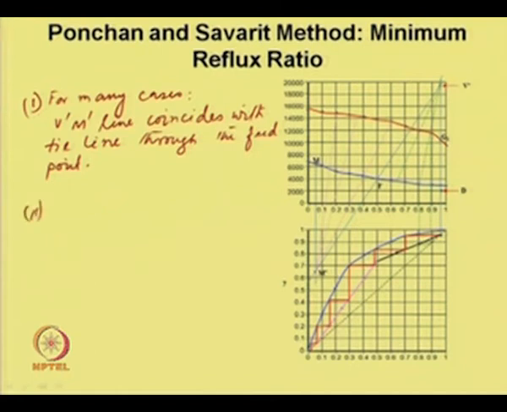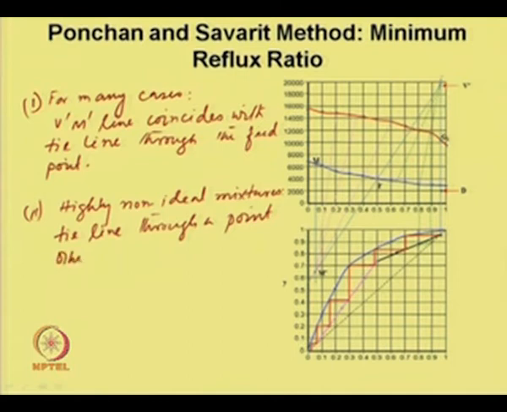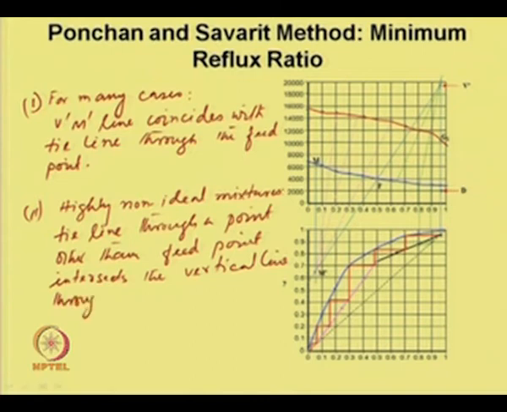In some situations, for highly non-ideal mixtures, the tie line through a point other than the feed point intersects the vertical line through xd at the smallest distance.